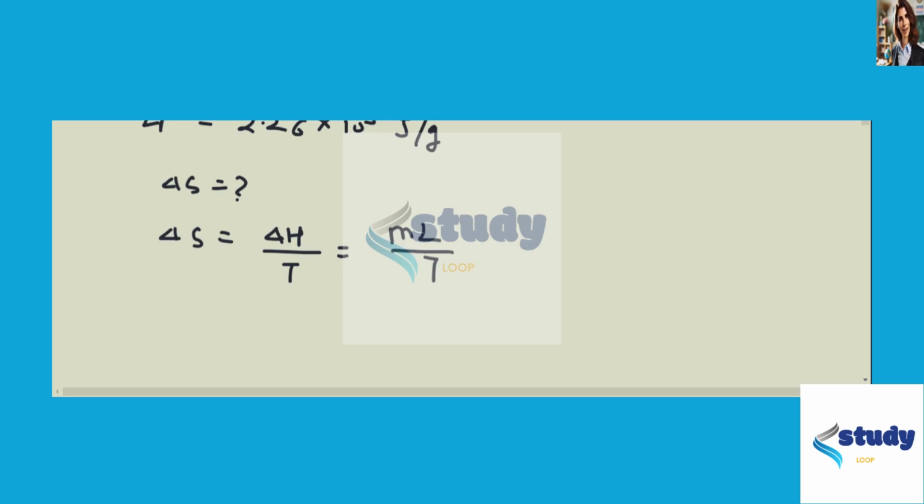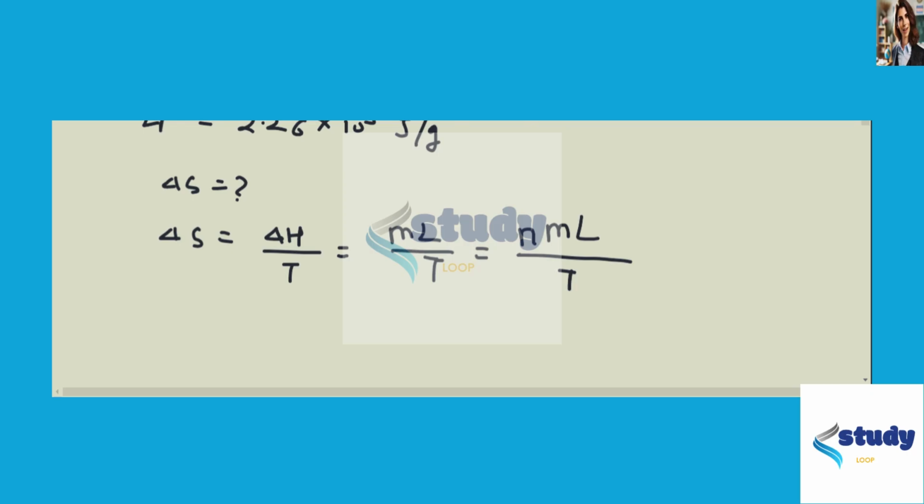Here M is the mass and L is the latent heat of water. So here M is equal to N into molecular weight, L is the latent heat, and T is the temperature.